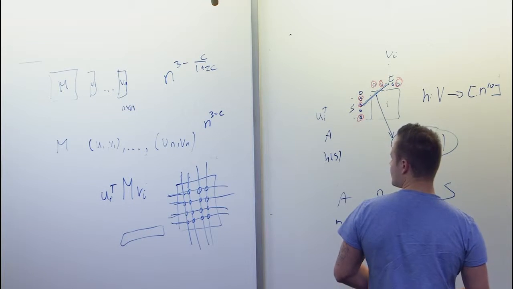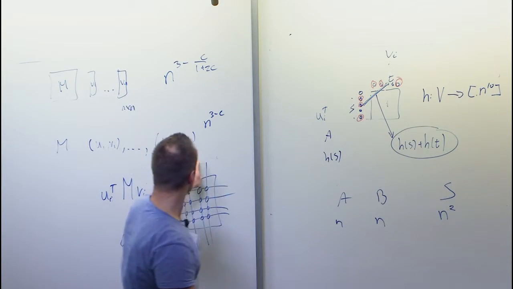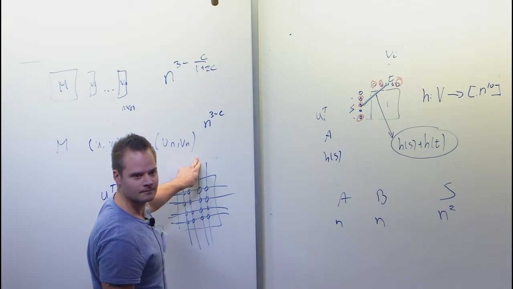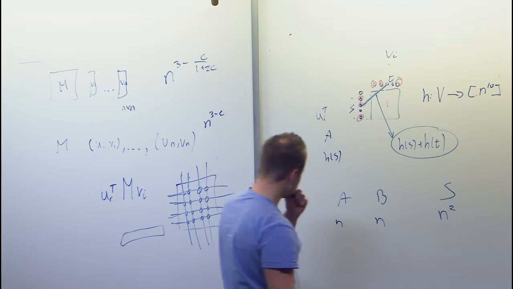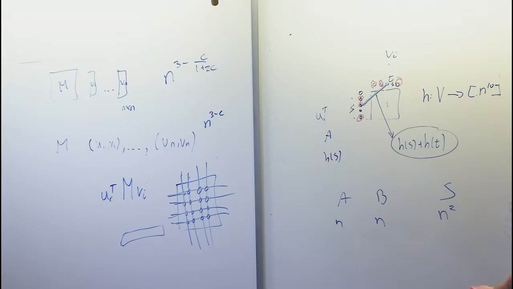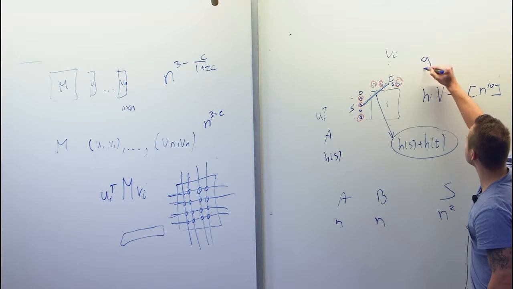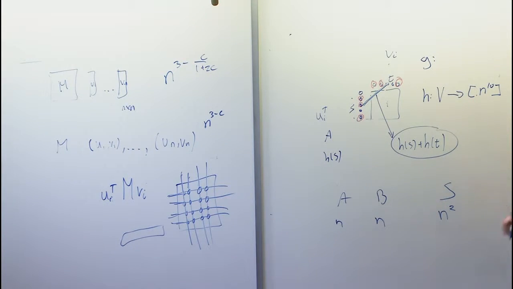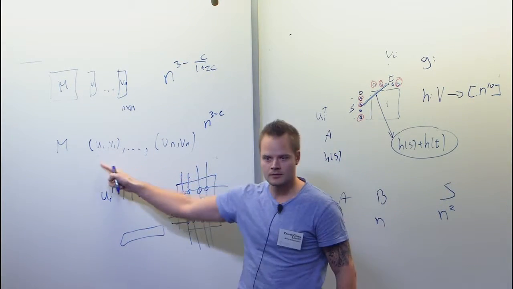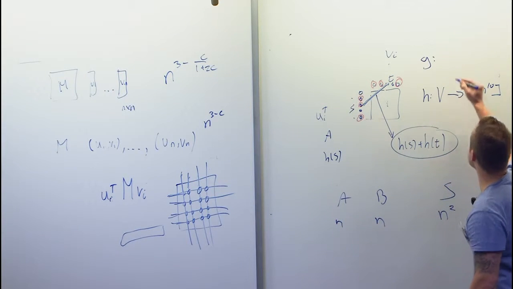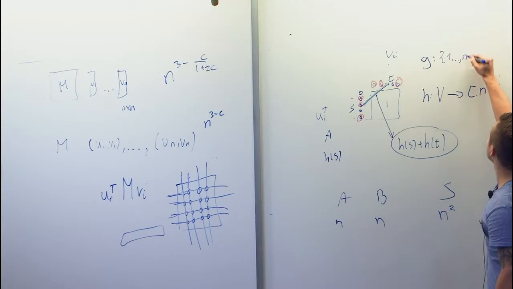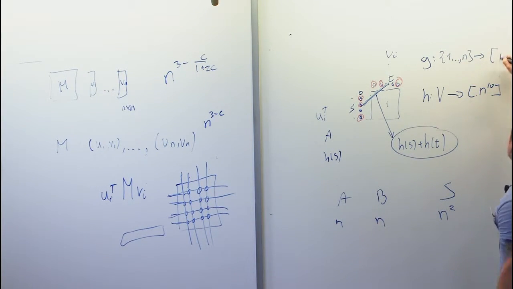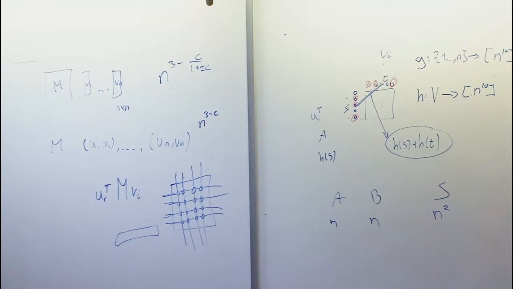So what we want to do is do all these pairs in parallel. For this, I have another hash function, g, and what it does is it maps an index from 1 to n to some really big range, let's say n to the 10.